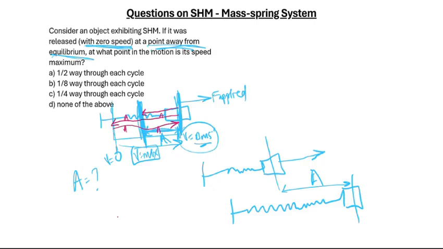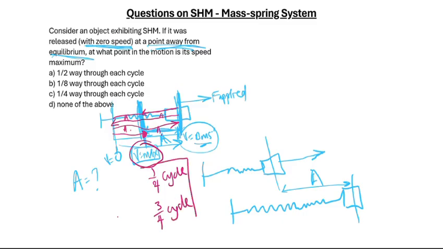Moving like this, you have covered just a quarter. This is 1, 2, 3, 4, so you cover only 1/4 of the cycle. That is when the velocity is maximum. And when it goes like this, that is half. When it is coming back it also reaches the maximum point, which is 3/4 of the cycle.